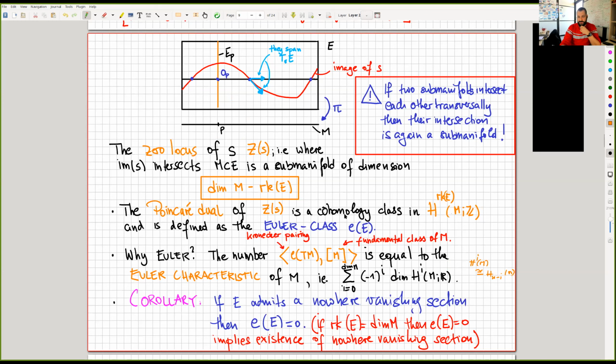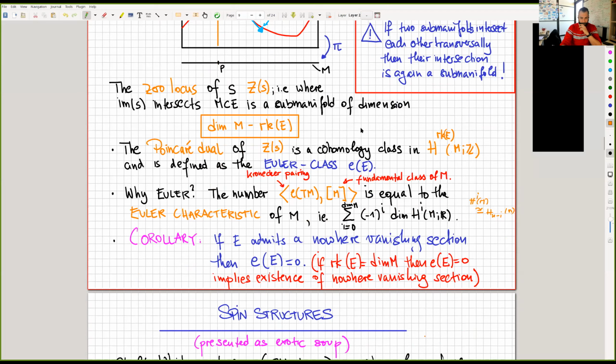There's also a result here: if you take another section, which I should have mentioned, you get of course another submanifold as a zero locus, but the Poincare duals would lie in the same cohomology class. Why this is the case would go too far to explain. It's a good point. This does not depend on the transversal section. Thank you.